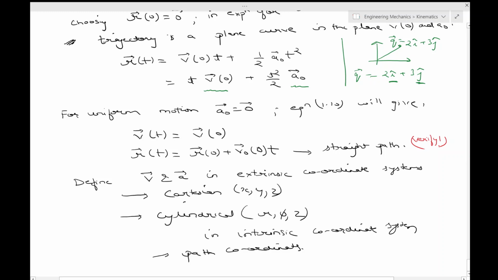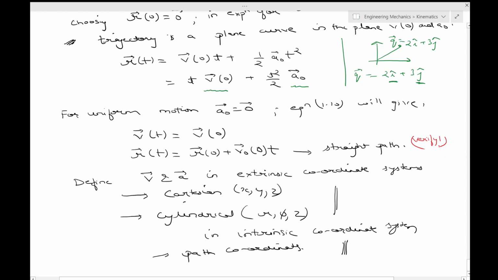There's also a spherical coordinate system, or there can be some other coordinate system, but these are the two which we'll be focusing on. In the extrinsic case the coordinates are given a priori and fixed, and in the other case the coordinates are not given a priori, so they are moving.